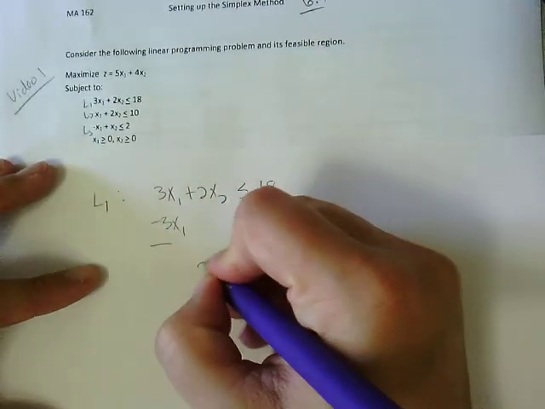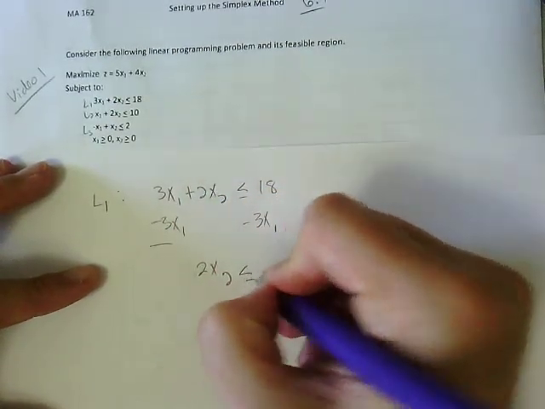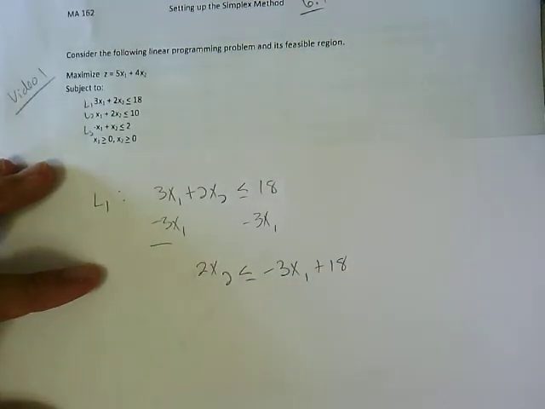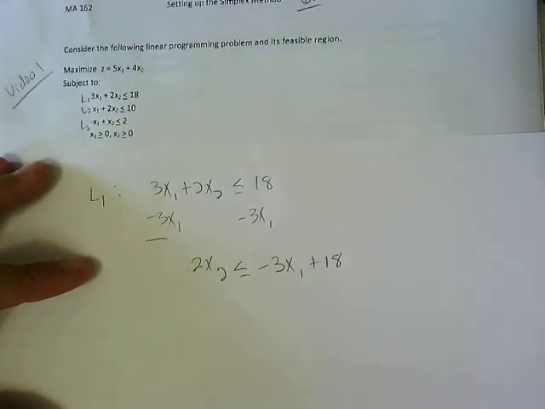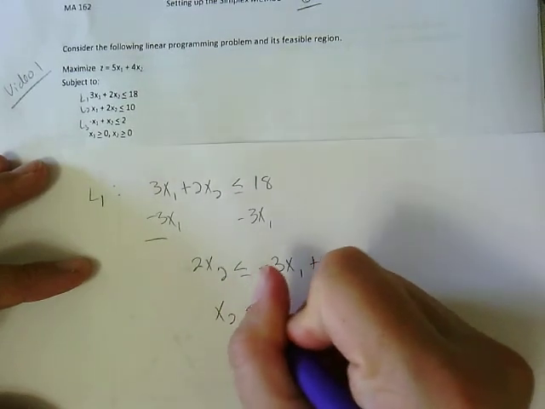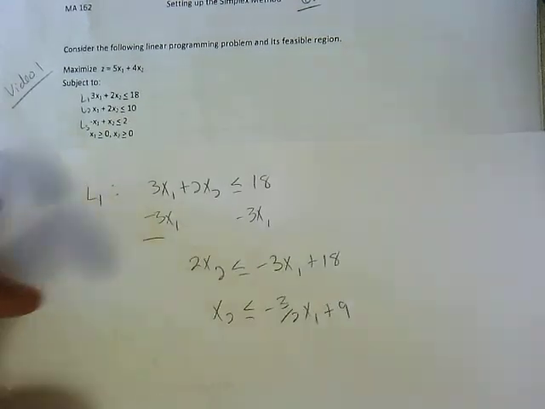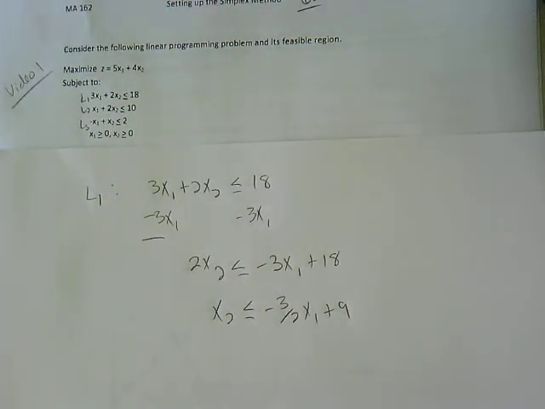We end up with 2x2 is less than or equal to negative 3x1 plus 18. And then if I divide this whole thing by 2, x2 is less than or equal to negative 3 over 2 x1 plus 9.